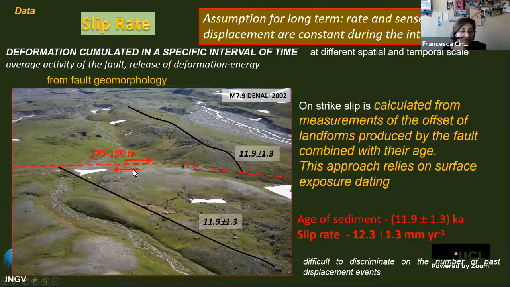And I just want you to notice that we provide, of course, uncertainty errors of our measurements, both of the distance related to the offset of the piercing point, but also related to the dating of the landforms. So based on fault morphology, it's difficult to discriminate the number of past displacement events.